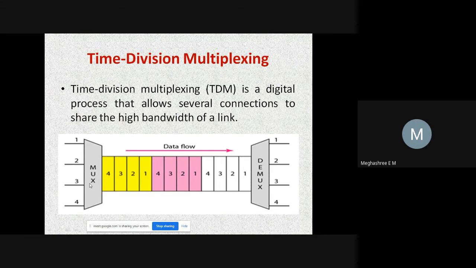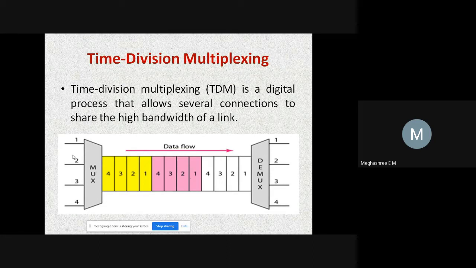I hope this is clear. Each connection occupies a portion of time in the link instead of a portion of bandwidth. That is one thing you have to remember.